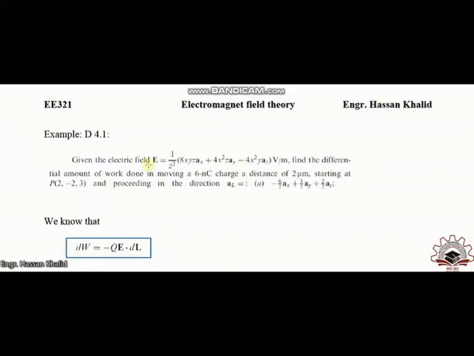Since we are asked for the incremental work done, we need to find dW.